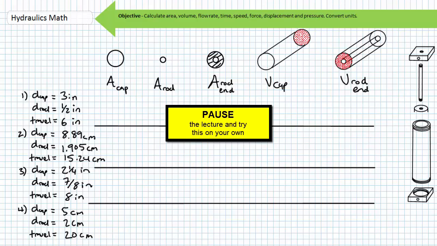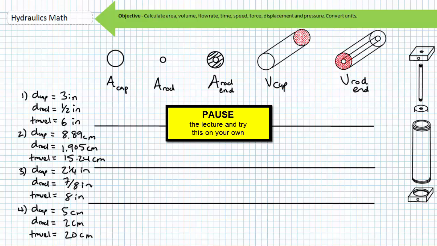Pause the lecture and attempt to solve for the surface area of the cap end, the big circle, the surface area of the rod, the small circle, and the surface area of the rod end, the ring, using the given unit system.